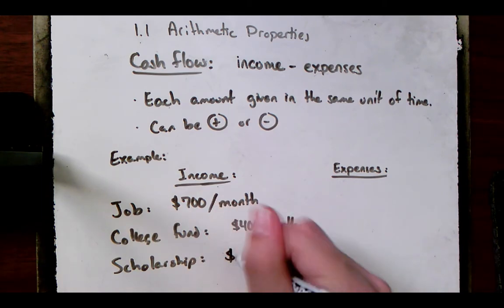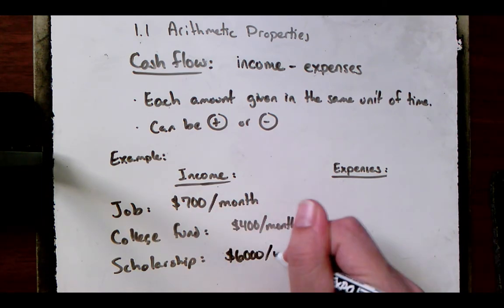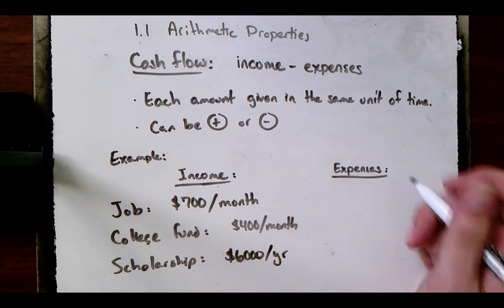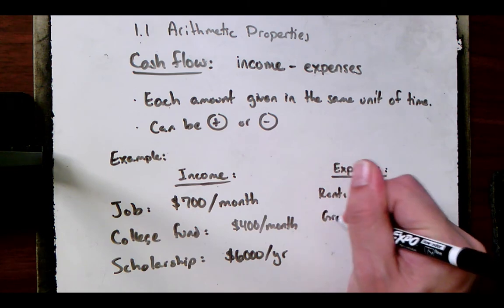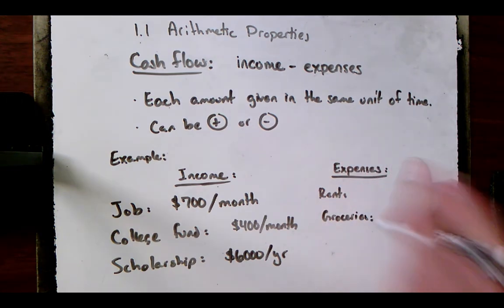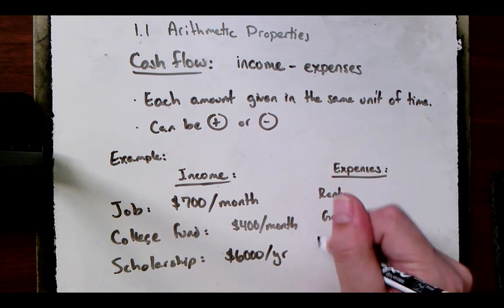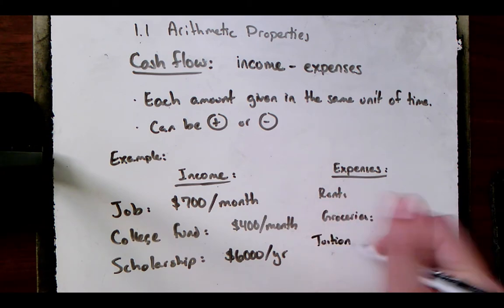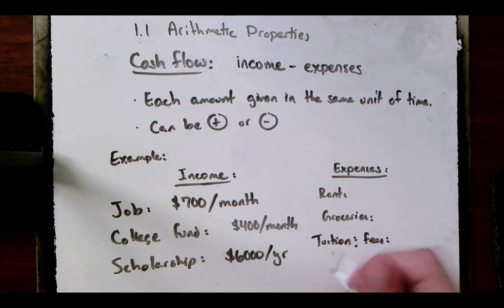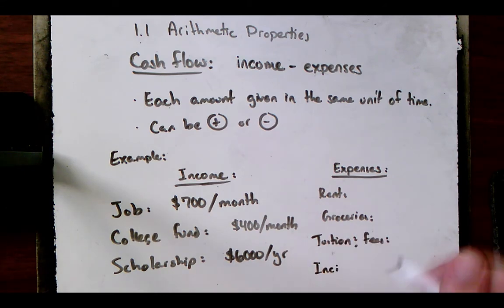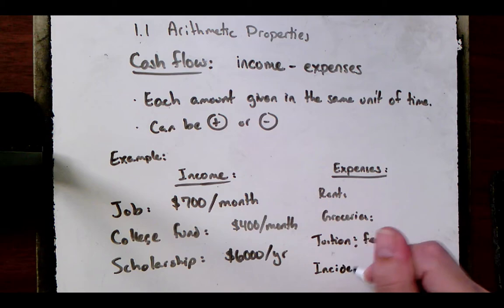And let's say your scholarship is $6,000 a year. And then we got some expenses here. We got rent. We got groceries. Obviously, your cash flow is probably going to look a little different than this generic example that I'm coming up with. But at some point, I'm going to want you to give me your actual cash flow in a project.